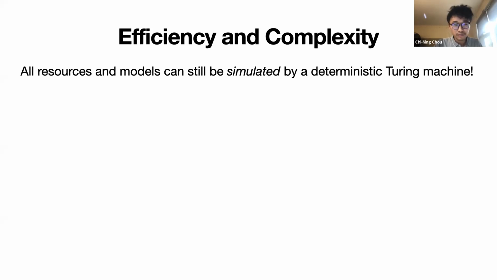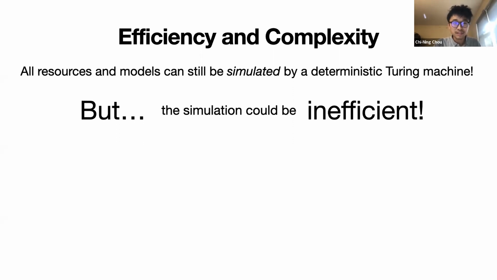As you saw before, there are different computational models and different computational resources. But according to the Church-Turing thesis, everything can be simulated by a Turing machine. So why is this so interesting? Everything can still be done by a mechanical procedure like a Turing machine. But the point here is that although a Turing machine can indeed simulate all these different resources and models, this simulation could be very, very inefficient.